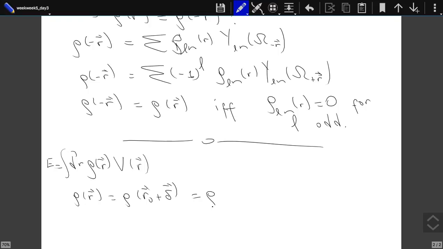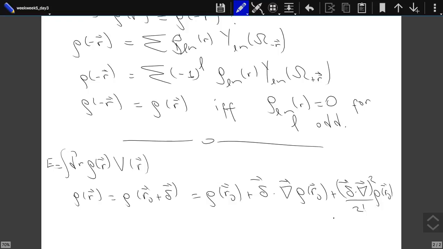Well, then you can make this expansion. And you will see that the energy of your system is actually kind of a multipole expansion.